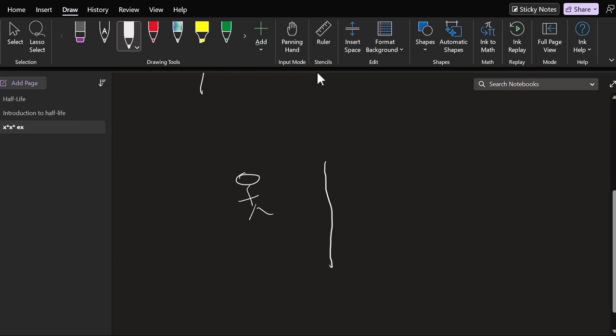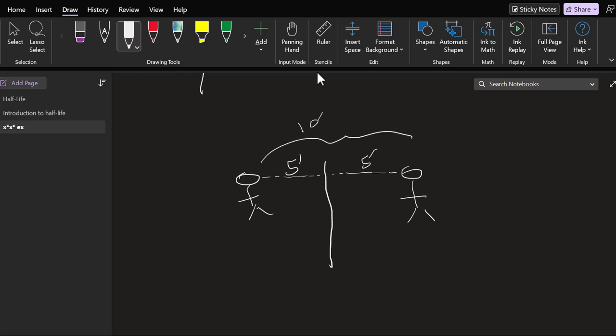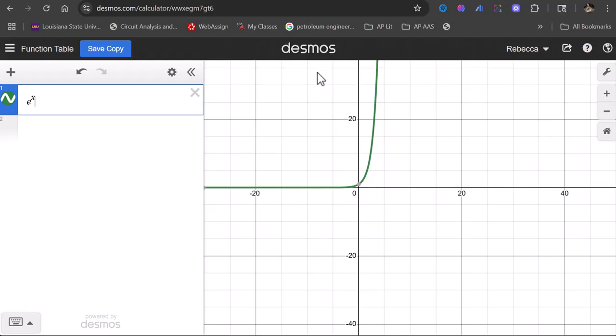You see an image of yourself right here. That's where it appears to you to be. So if this is 5 feet and this is 5 feet, this image appears to you to be 10 feet away. And it's the same thing when you're reflecting about a line if you're starting from the base function. So take a look here.